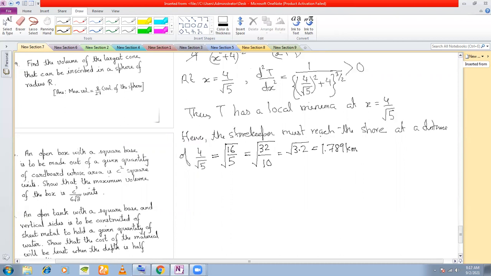So the storekeeper must reach the shore at a distance of 4 by root 5 equal to 1.789 kilometer from the point to minimize his time.